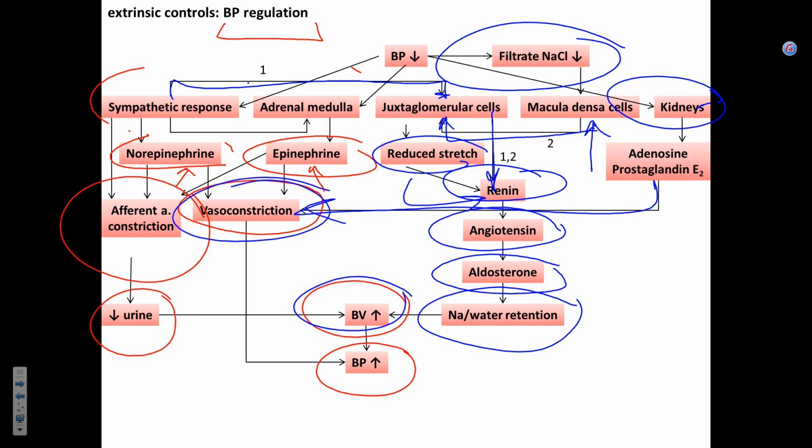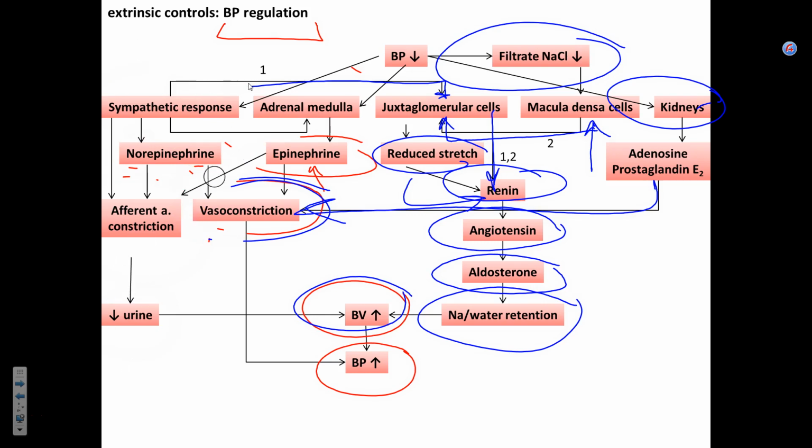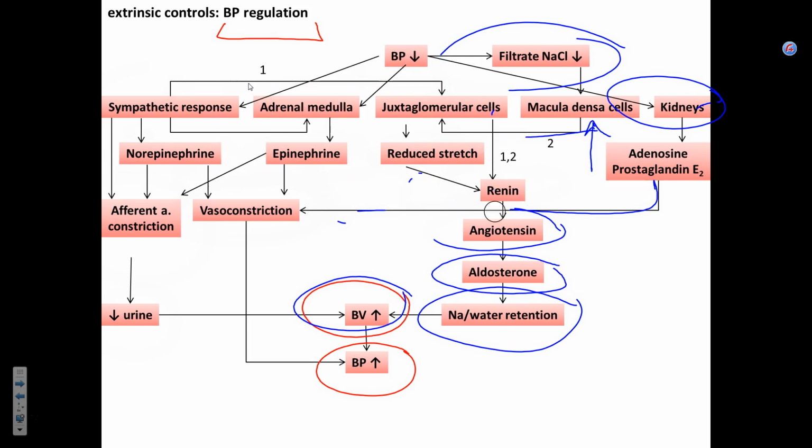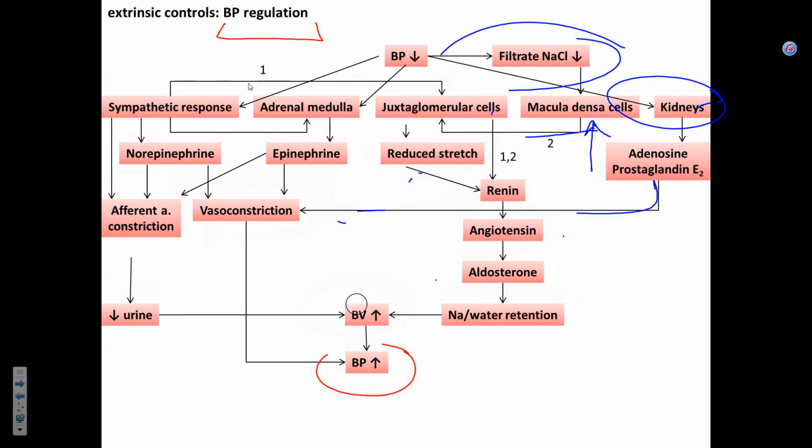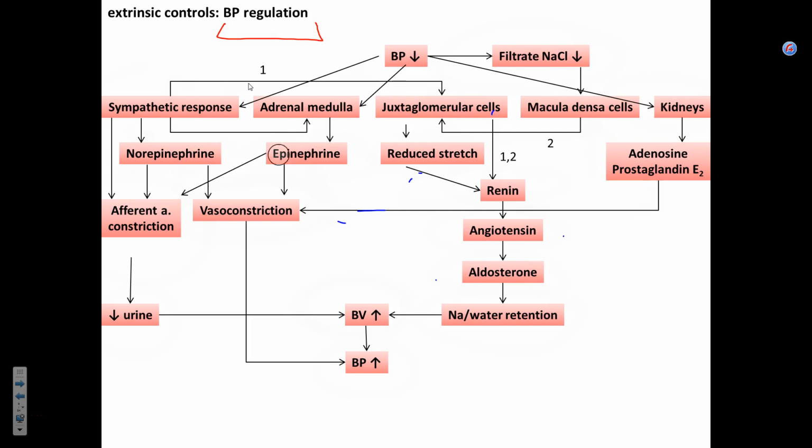Now, all this complexity can actually be categorized in two distinct responses. One response is mostly vascular. Okay? So think about this. When blood pressure goes down, what happens to the stretch of the blood vessels? It decreases, right? Stretch decreases.